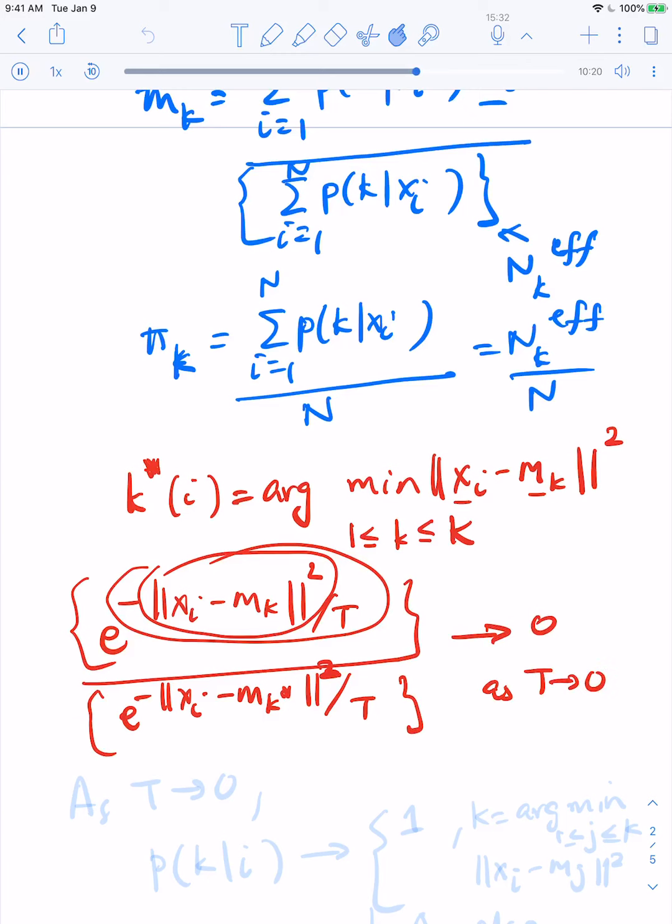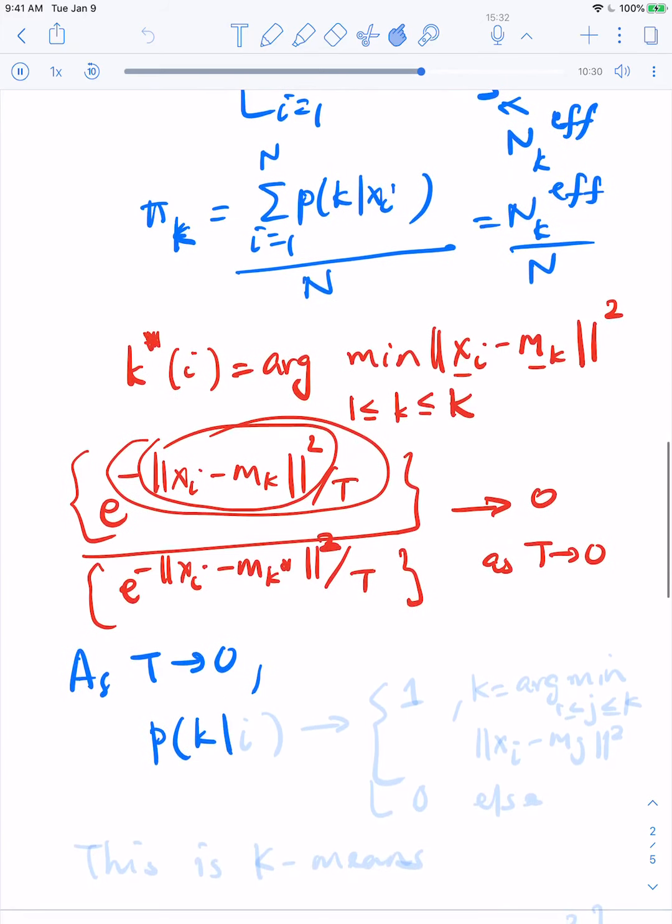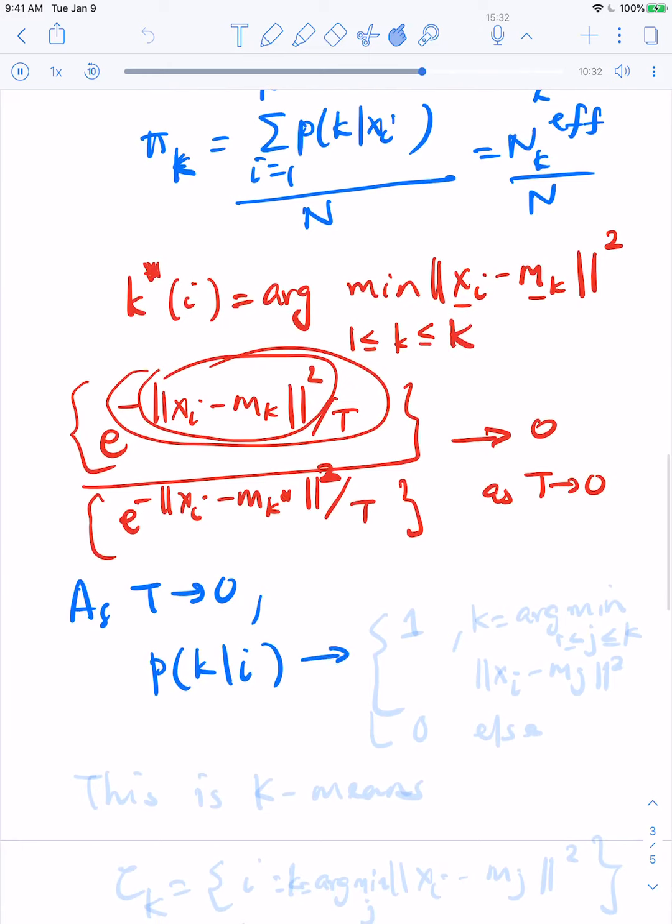So what happens in the limit as the temperature goes to 0, your p k given i tends to 1 if k is the arg min over all the clusters of xi minus mj squared, and 0 otherwise.